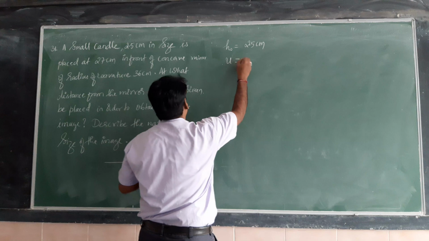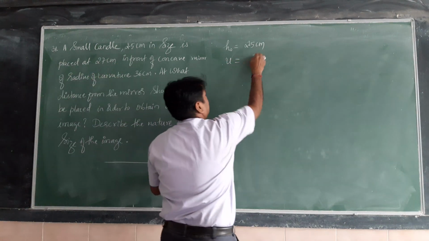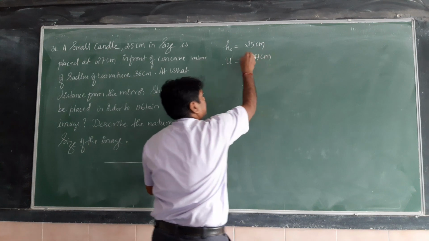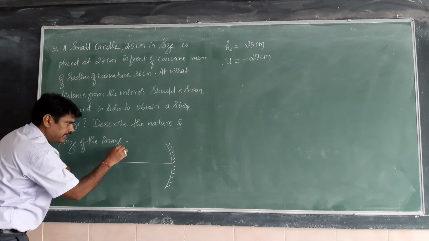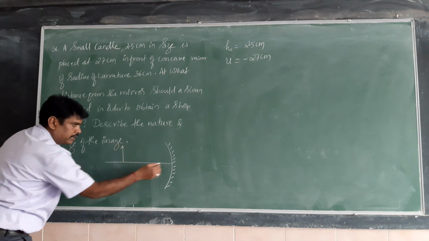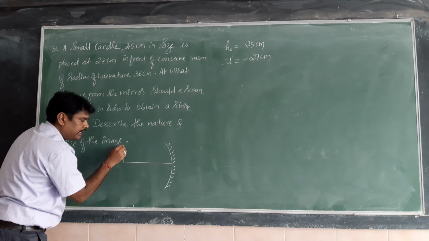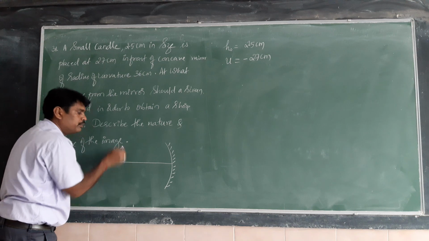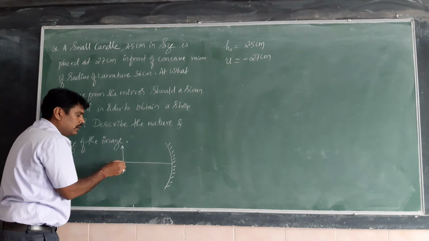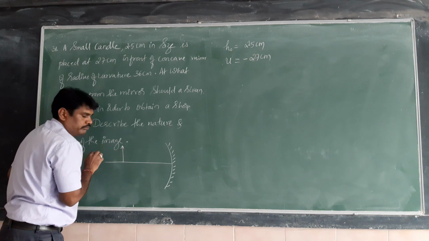How much? u is equal to, placed at 27 centimeter. 27 centimeter. I will take it as negative. Why is it negative? Suppose the object is placed somewhere here. From here to here it is 27 centimeter. The object is a linear object. It is perpendicular to the principal axis. It is upward, along the direction above the principal axis. That's why HO is positive.